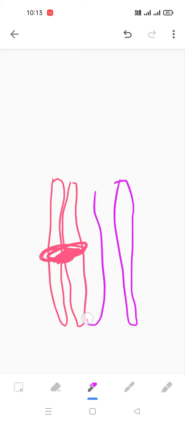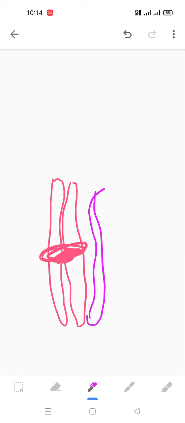And when I do like this, okay. So what is happening? This purple sister chromatid is coming to this pink sister chromatid. It is coming to here.